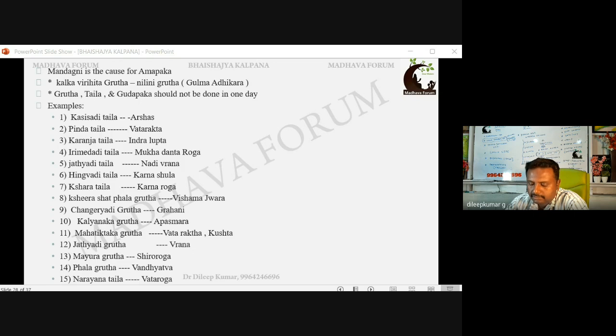Next, Kasisadi Ghrita. The Adhikara is Kushta, Dadru, Pama, Spotaka. Ingredients: Kasisa, Haridra, Manashila, Haratala.